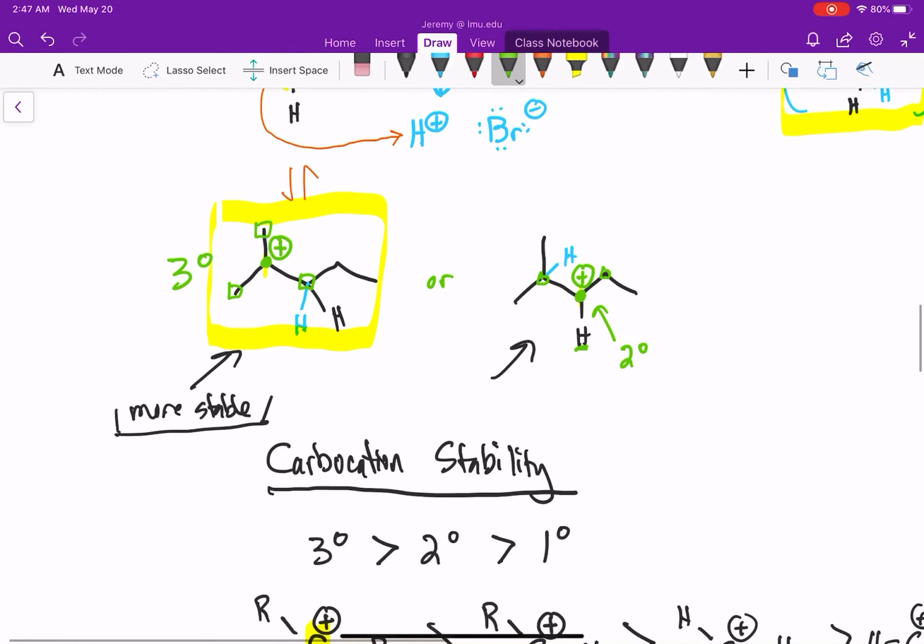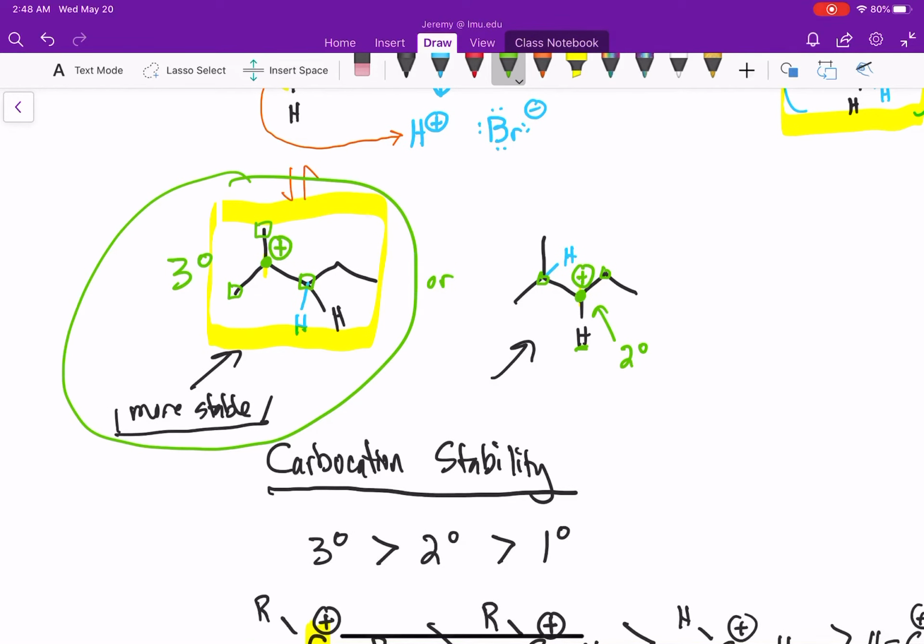So we know, right, that this tertiary carbocation is more stable. So we are going to tend to form this carbocation in a much greater amount, a much greater yield than that one. So we can basically ignore this because we're really not going to form it. Okay, we're really not going to form it.